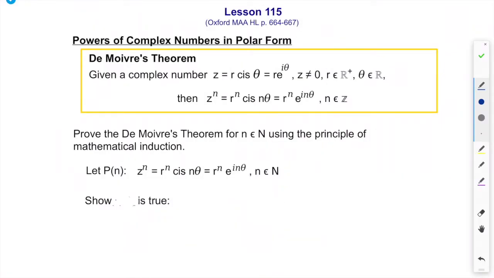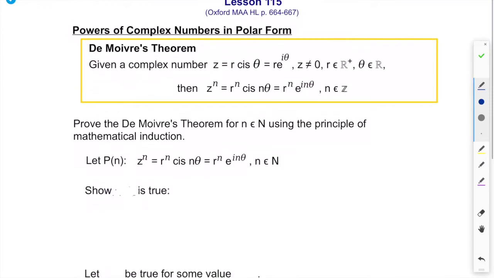Okay, so based on the investigation, it looks like we have found a fast way to find the powers of complex numbers, whether the powers n are positive integers, negative integers, or 0.